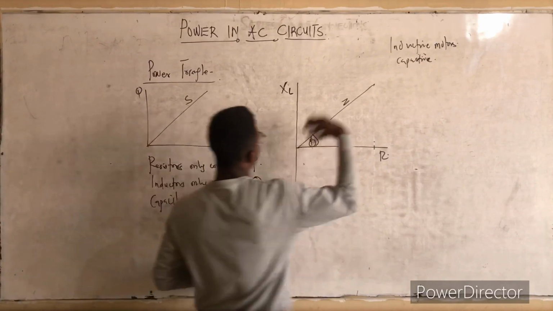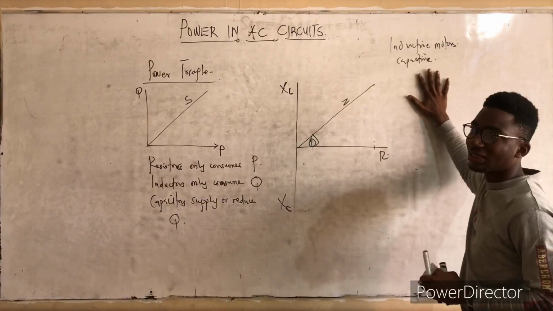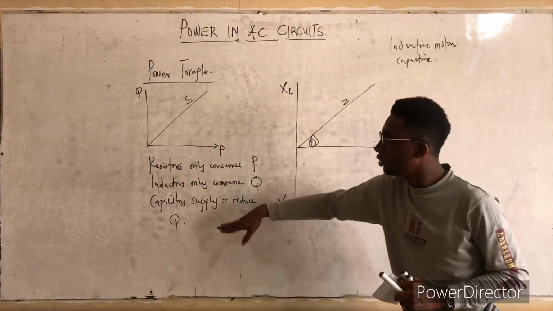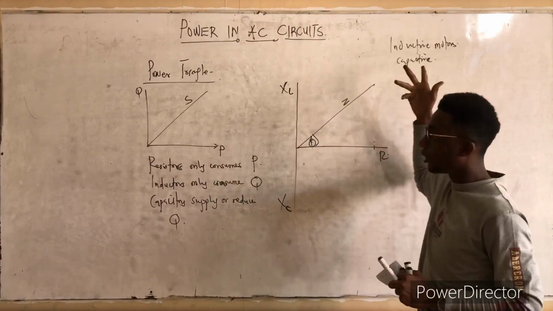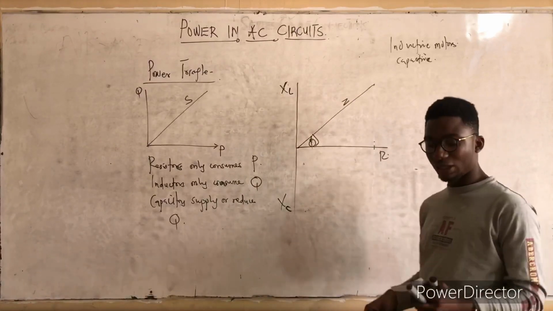That is why I said most of the time, it's not all. Some of the capacitive machines will rather supply or reduce the reactive power. I think this will really help you build the stuff.